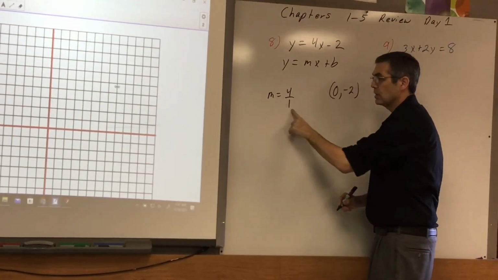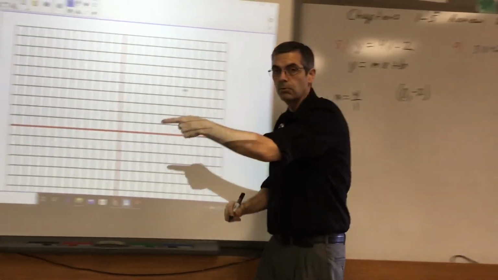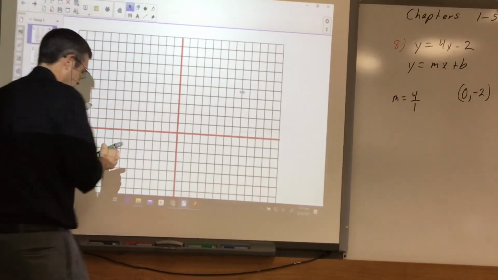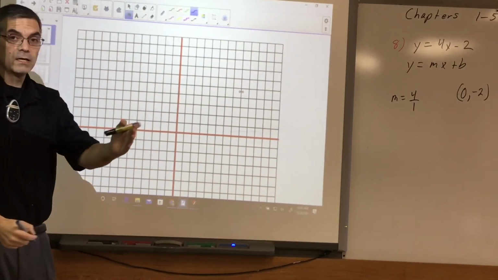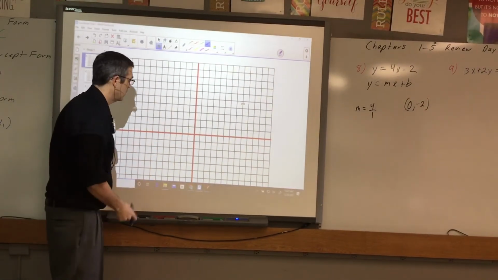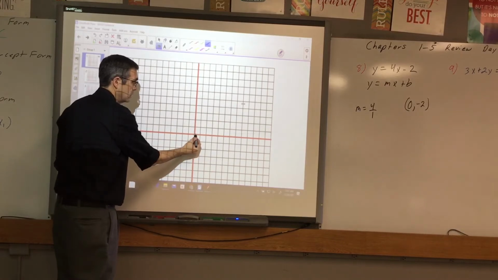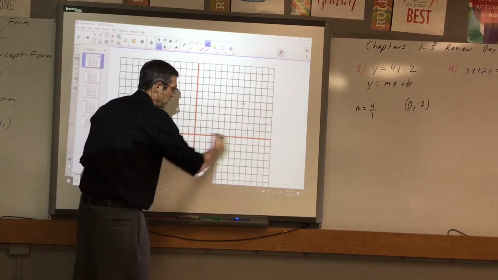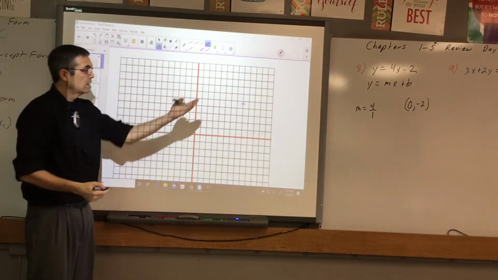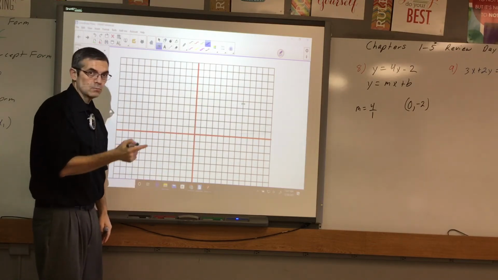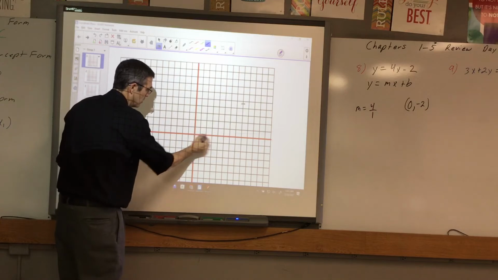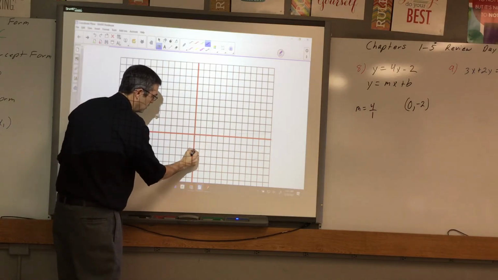Once I have these two things, now I just get to come over here and start putting it onto the graph. (0, -2) is my first point. Here's the origin. 0 means I don't go any ways to the left or the right, because that's in the x spot. -2 tells me to go down 2. 1, 2.